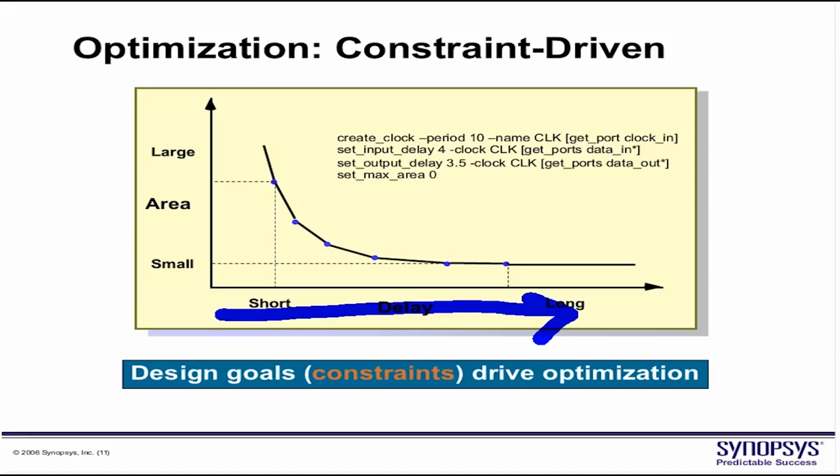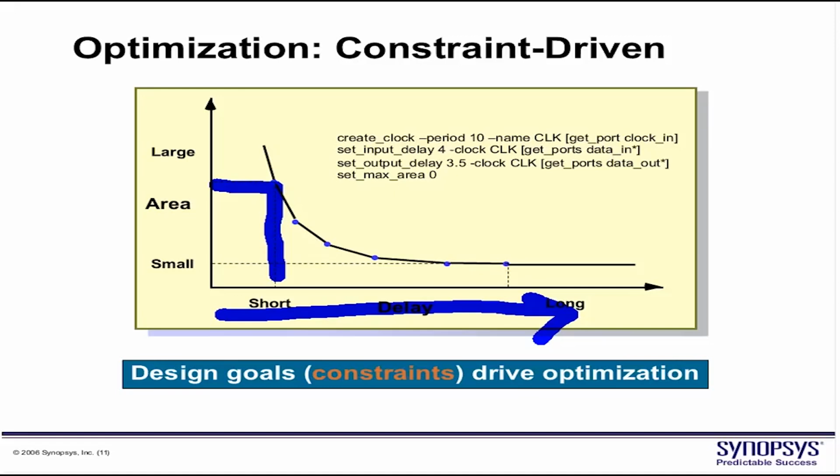So for a smaller area, the delay is larger, and for the larger area, the delay will be shorter. So these two are fighting each other. The area and the delay always fight each other. There's one more angle to it called power, but let's simplify and see area and delay first.